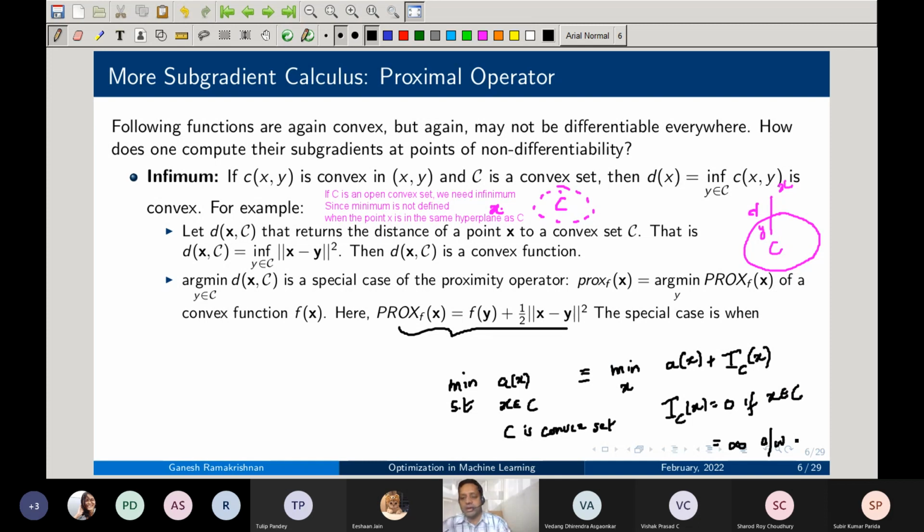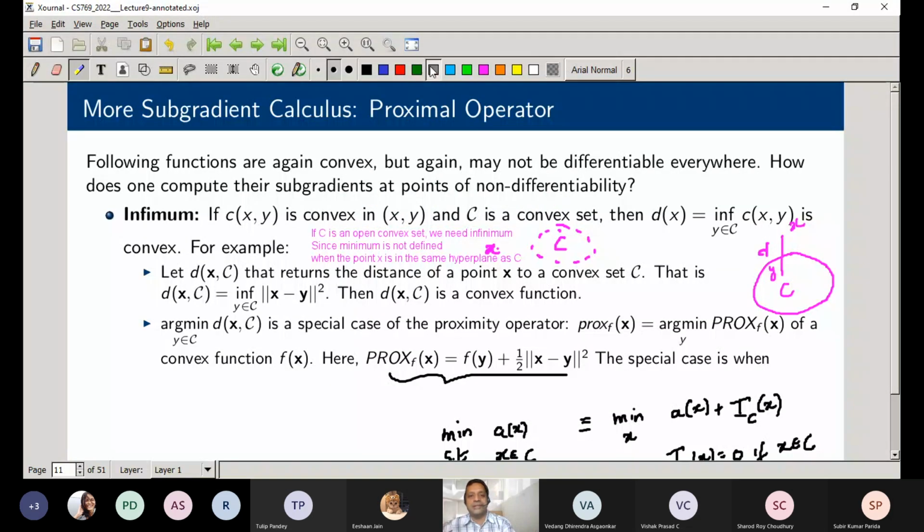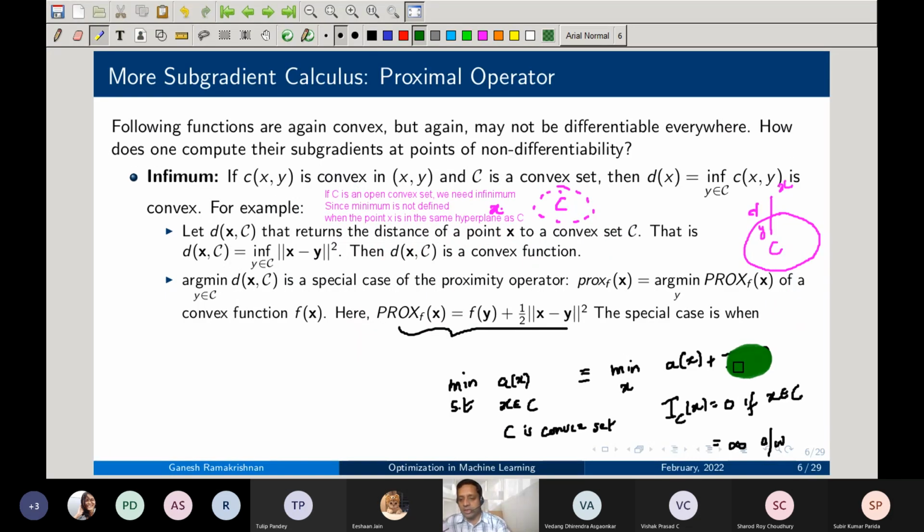I mean, you'll really not pick such a point, right? Because if I_C is going to infinity, you are violating the constraint and you'd rather not go to such a point. So this is how we totally deter violation of the constraint. This is how it's translated, x in C, so that is a convex set.